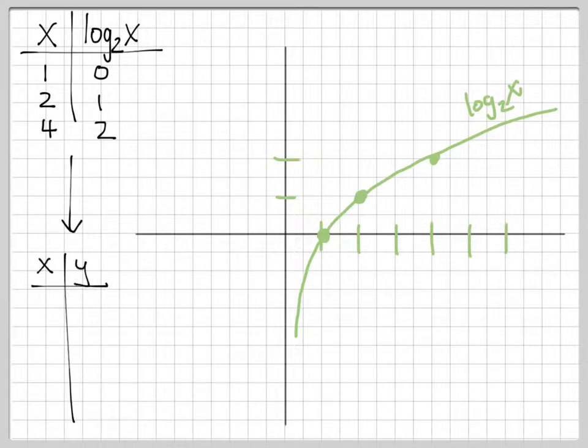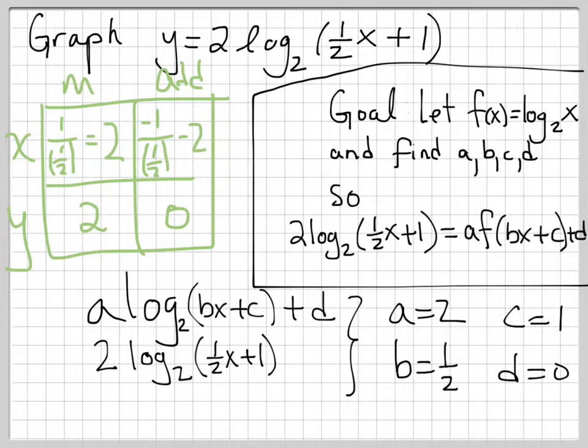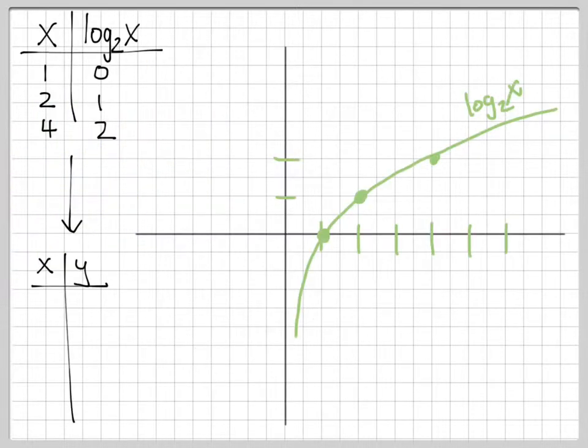Well, remember, to get our x and our y for our other function, we just use this table here. So we're going to take every x value, and we're going to multiply by 2 and add negative 2. So 1 times 2 is 2, minus 2 is 0. 2 times 2 is 4, minus 2 is 2.